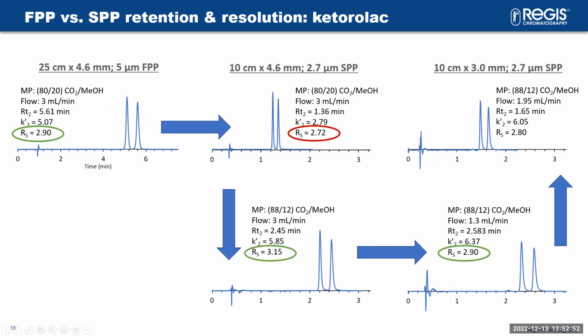And there is a slight loss of resolution there from about 2.9 to 2.7. But if we weaken the mobile phase just a little bit by reducing the amount of alcohol modifier, we can restore that retention and improve the resolution as well, while still, by moving to the shorter column, we're still reducing our analysis time quite significantly.